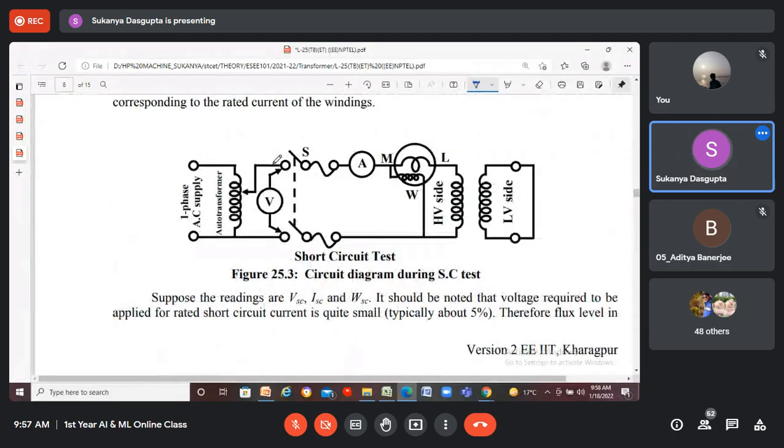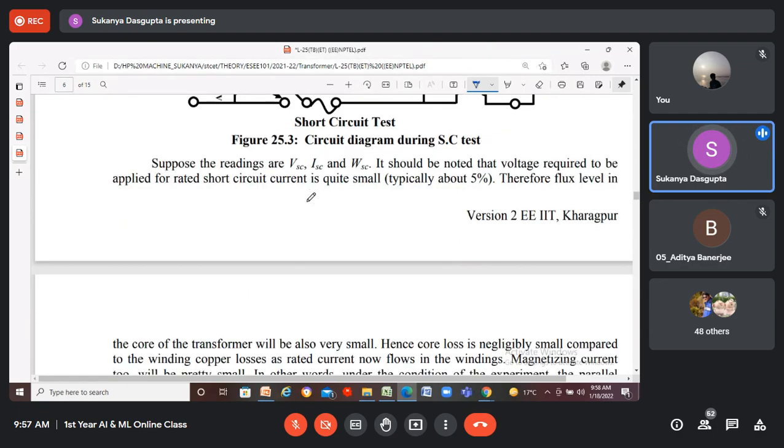Okay. See, if it is a rated voltage at the input side, what will happen? In order to maintain the EMF equation of the transformer, we all know V1 I1 equals V2 I2, right? So if V1 is high, definitely I1 should be low, right? That means a small current is flowing through the core.